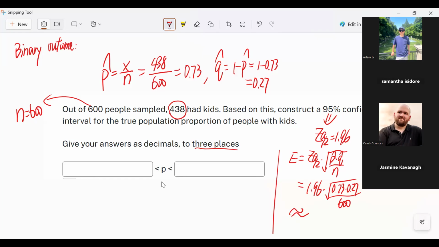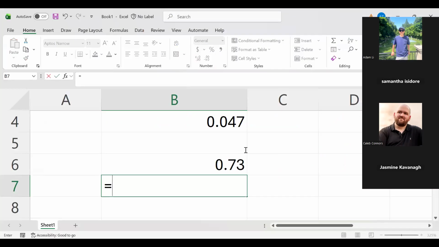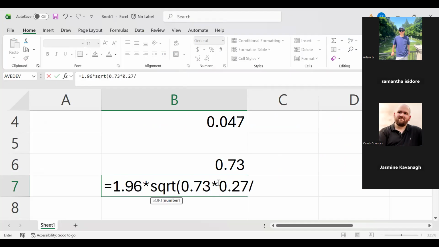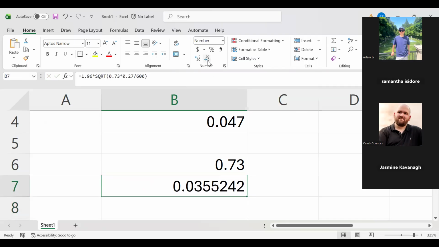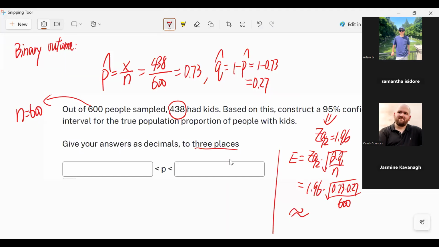Let's get the decimal result. If you enter it, we get 0.036. Margin error is 0.036, about 3.6 percentage points.